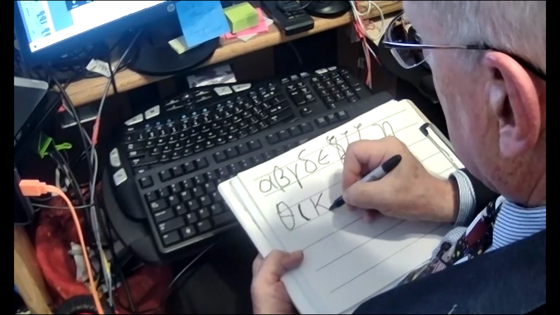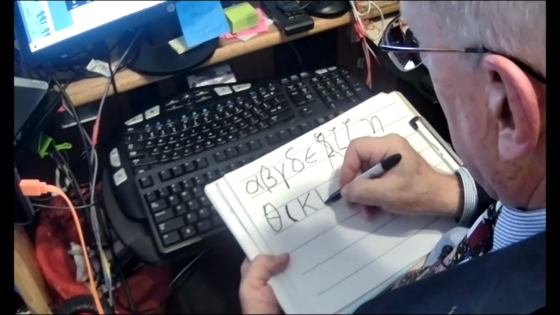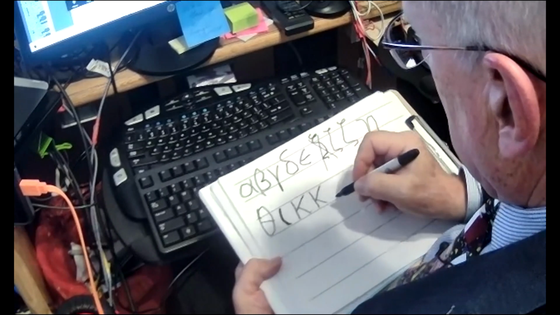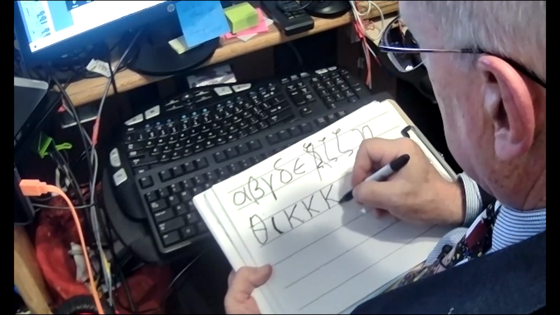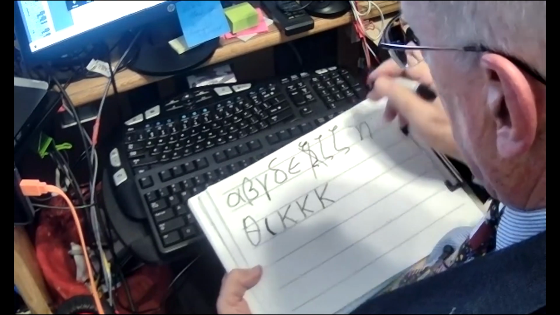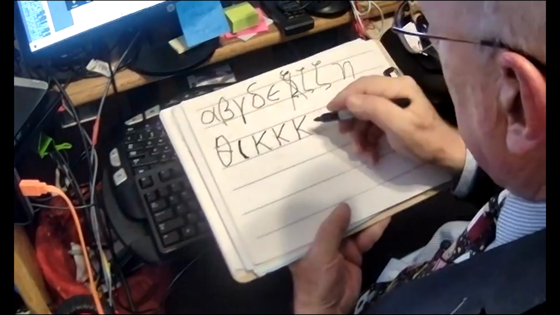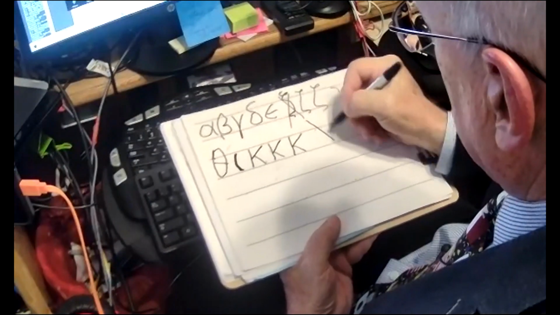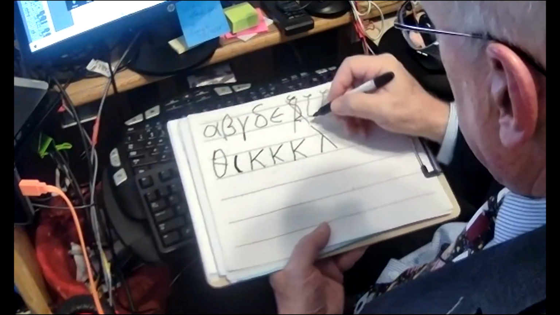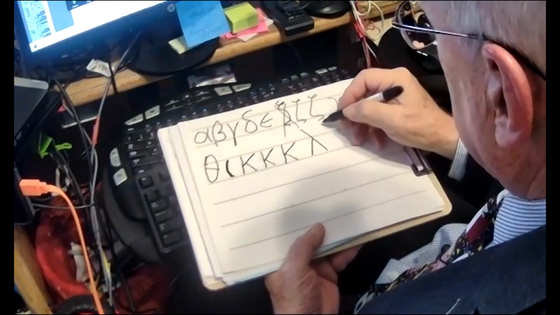Kappa. Is it like an English K? So if you just write a K, actually these legs should come out from the middle. Kappa is the K sound. And then lambda, the L sound, starts above the line, leans over, and then needs a leg to stand on.